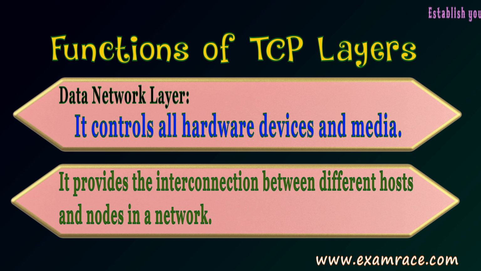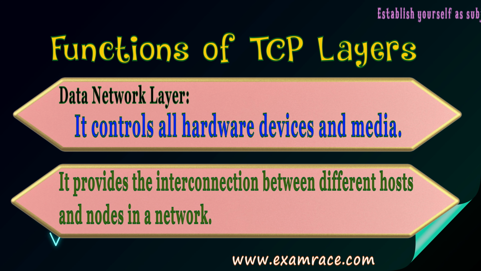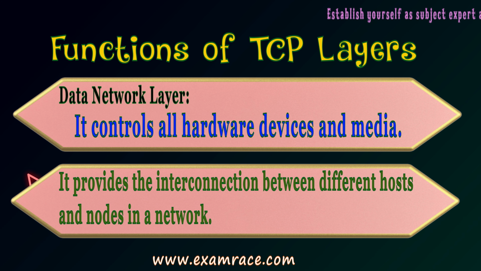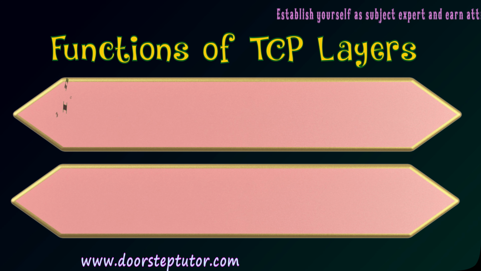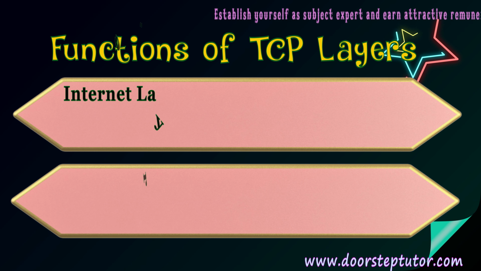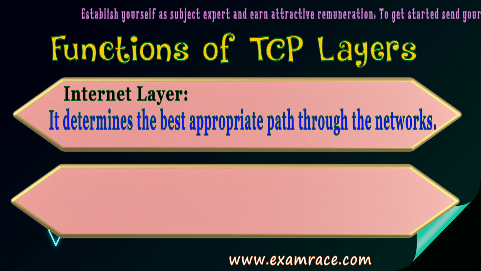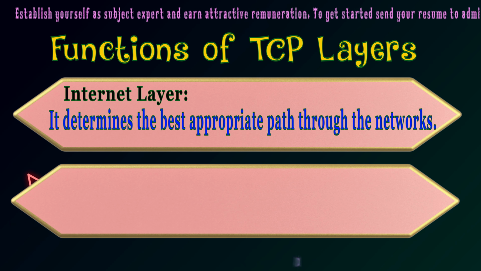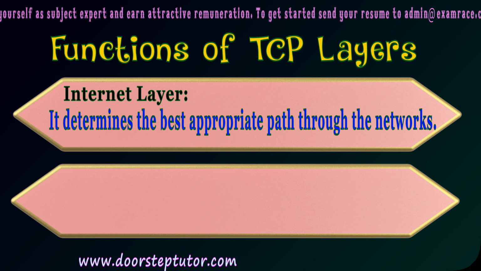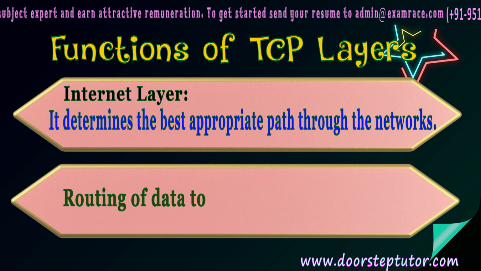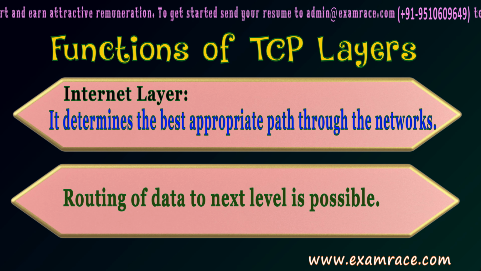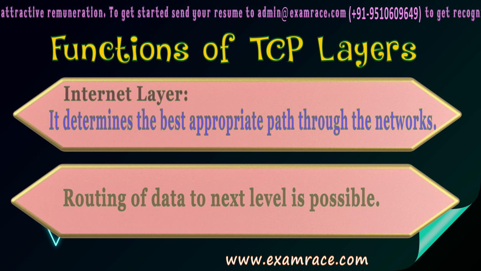So there must be some interconnection; that is the responsibility of the network layer. The second is the internet layer. It specifies the best appropriate path through which the message has to be delivered from the sender to the receiver. It simply means that the routing of the data is possible through this layer.